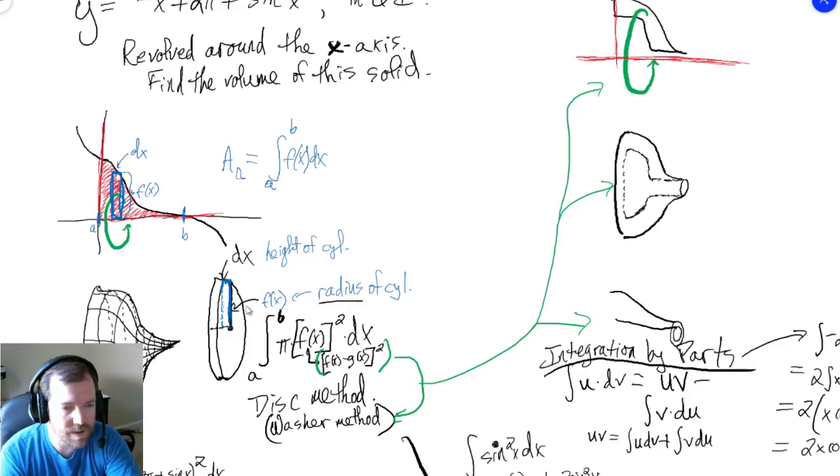This was then getting us a disk like this, going around the x-axis, giving us a cylindrical disk to be able to calculate the volume of the object that would be created by revolving this function around the x-axis.